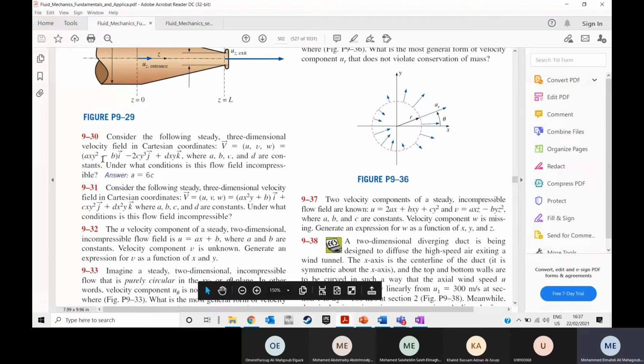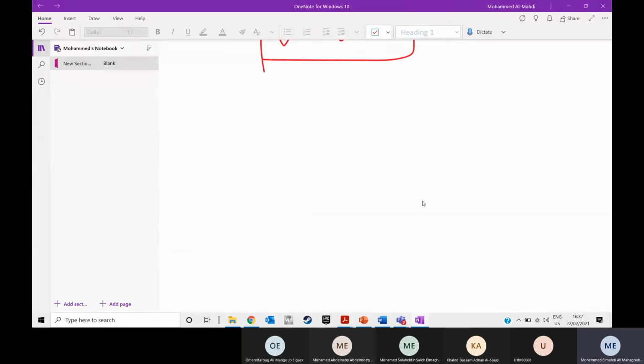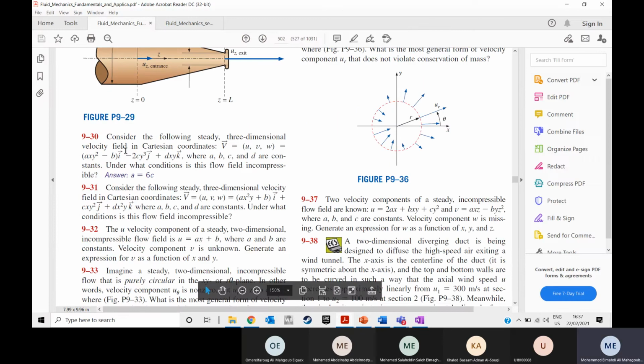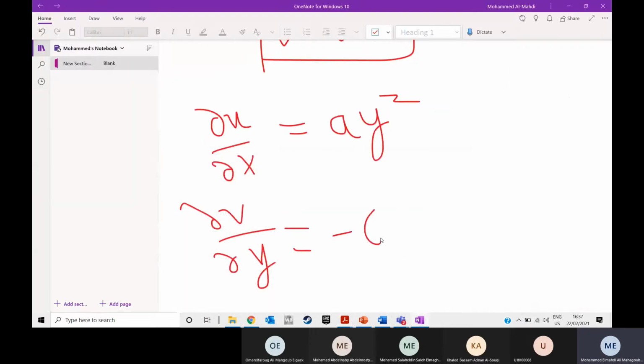Partial u by partial x is going to be a y squared, yes? And partial v by partial y is equal to minus 6 c y squared.